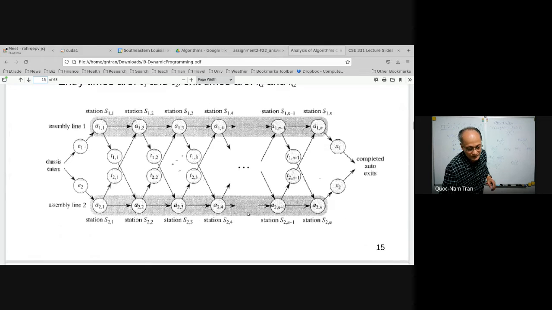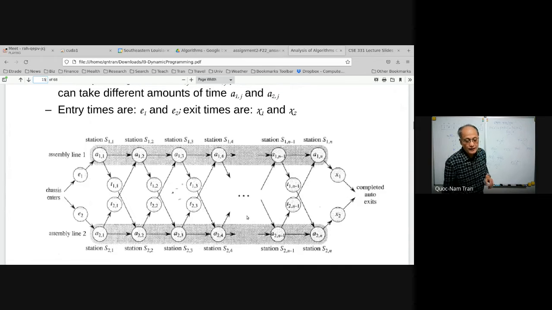right? Okay, so that said, for example, here you see that we have two assembly lines. Each assembly line will have some stations, right? And at any time, some station will be busy. Some station will take longer time than the other ones.